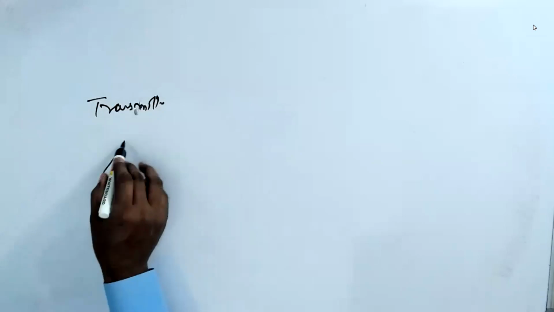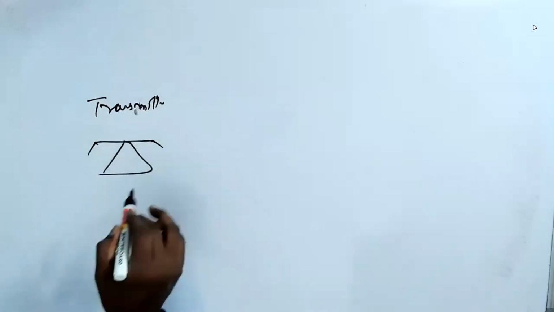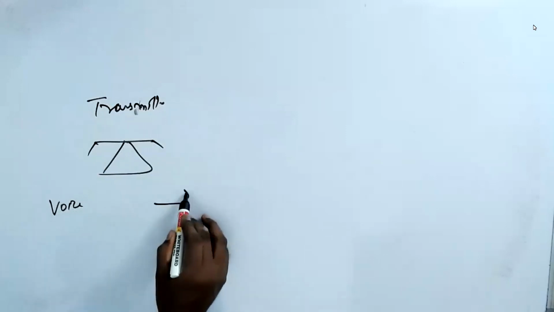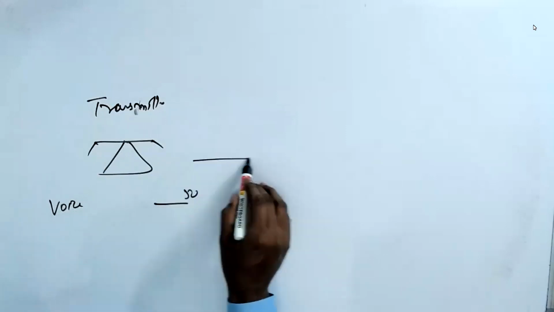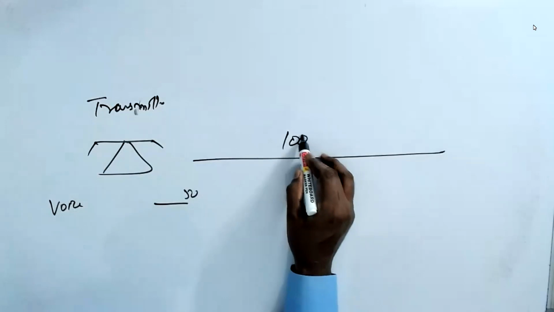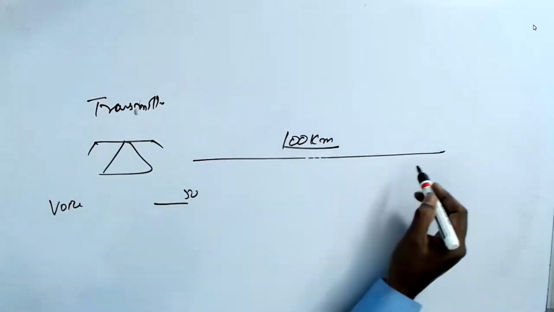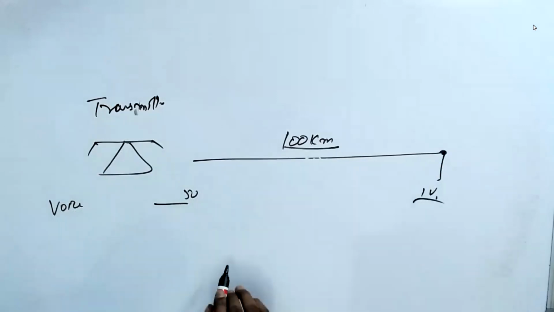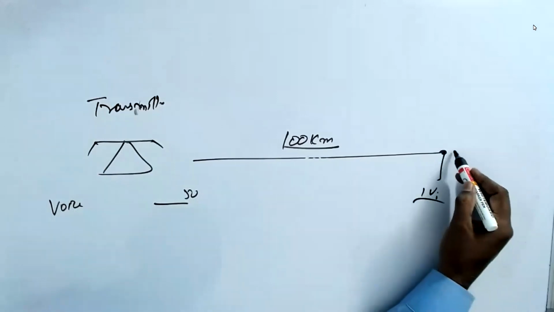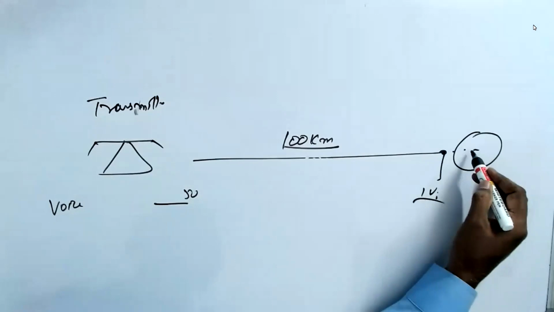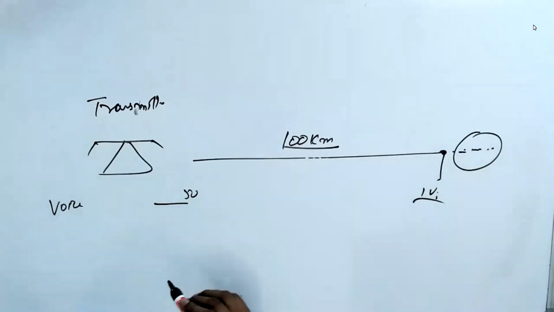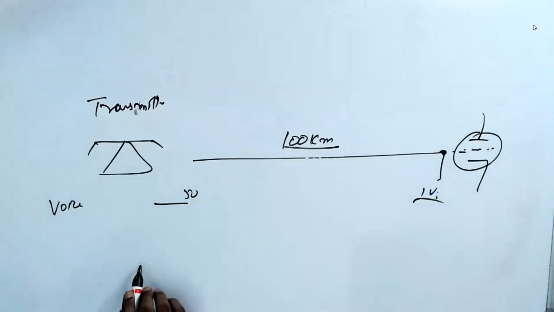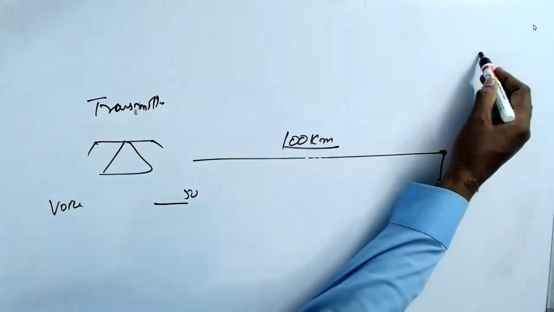I convert my voice to 5 volt. But when it goes through the wire for about 100 kilometers, this signal becomes 1 volt. I apply the 1 volt to the grid of the diode, triode, and here I apply 100 volt.